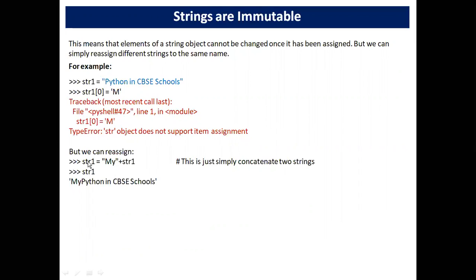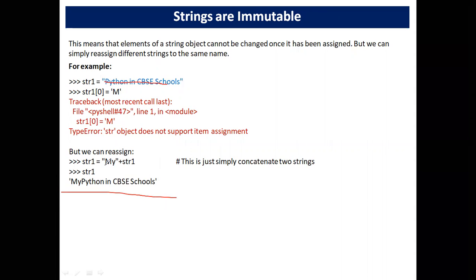In Python, the variables don't store a value. They point towards the location where that particular string value is stored. If I print str1, "my" is added to the string. Remember, children, that these two strings are not the same. First, str1 was pointing towards "Python and CBSE schools".